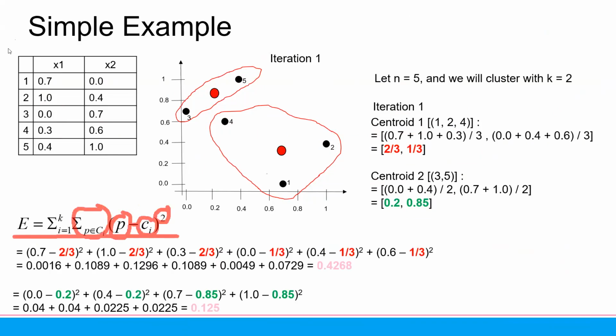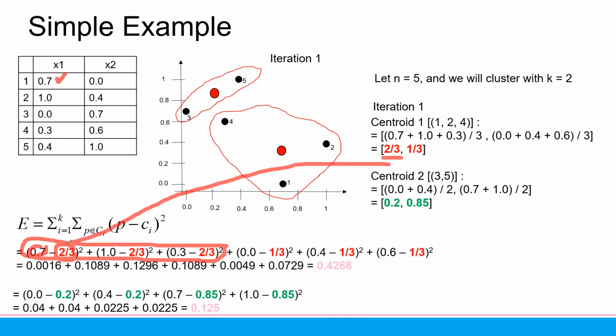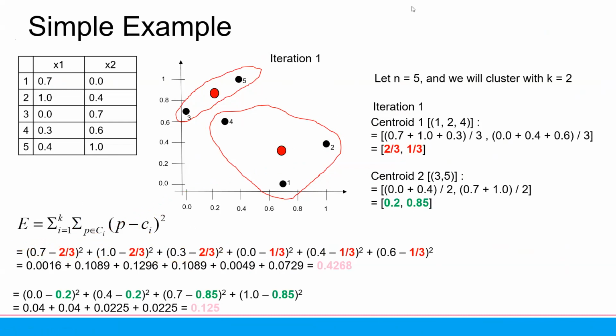First, for centroid 1, the x1 values are 0.7 minus 2 over 3, where 2 over 3 is the centroid, then 1.0 minus 2 over 3, and 0.3 minus 2 over 3. It means I want the distance from each object to the centroid. Then we square it.